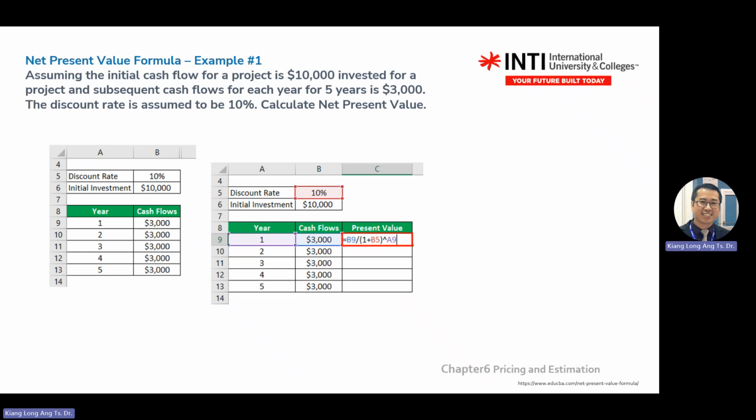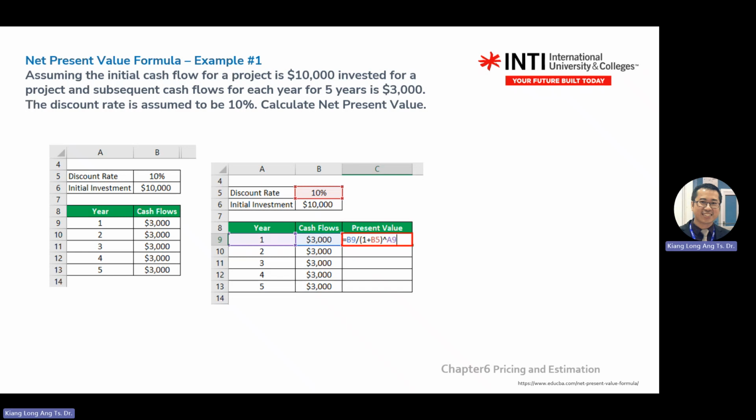What is present value? You take B9, which is this one. Sorry, this one is the cash flow divided by 1 plus K. This one is the future value, FV.